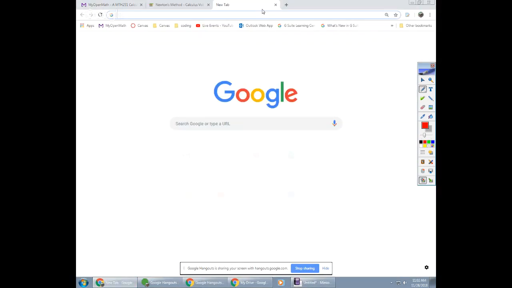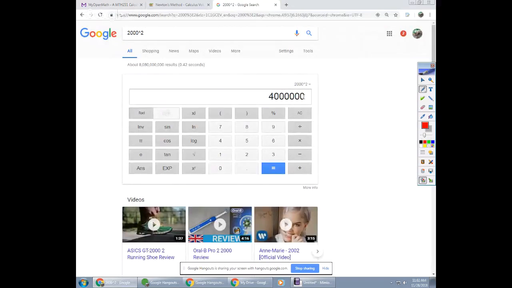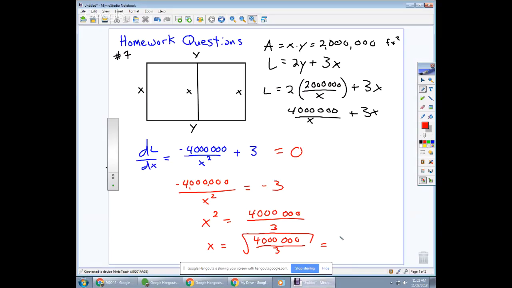If I take 2,000 and square it, I get 4 million. Yeah, that's right. Okay. So not that it matters. Usually I don't bother cleaning these up in an applied problem like this. I just throw it in the calculator from here. So I'll do that next. Anyway, if you wanted to reduce this, this would be 2,000 over the square root of 3. And rationalizing the denominator is kind of silly, so I don't bother with that.